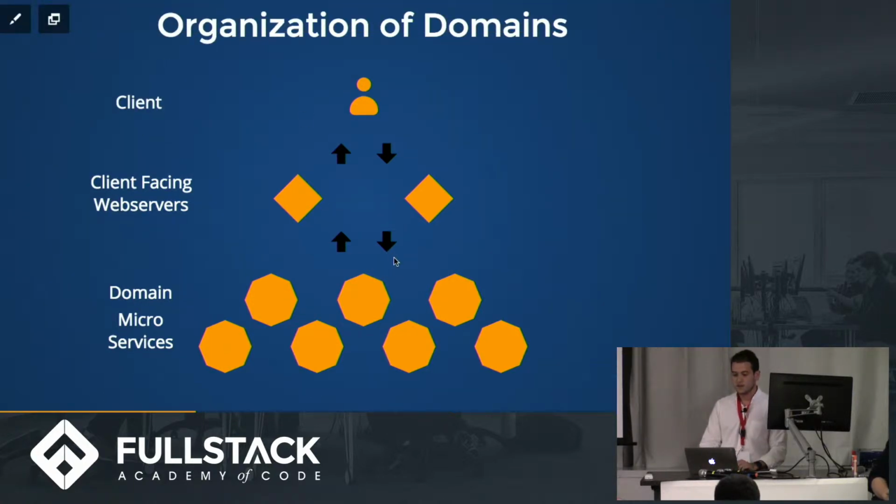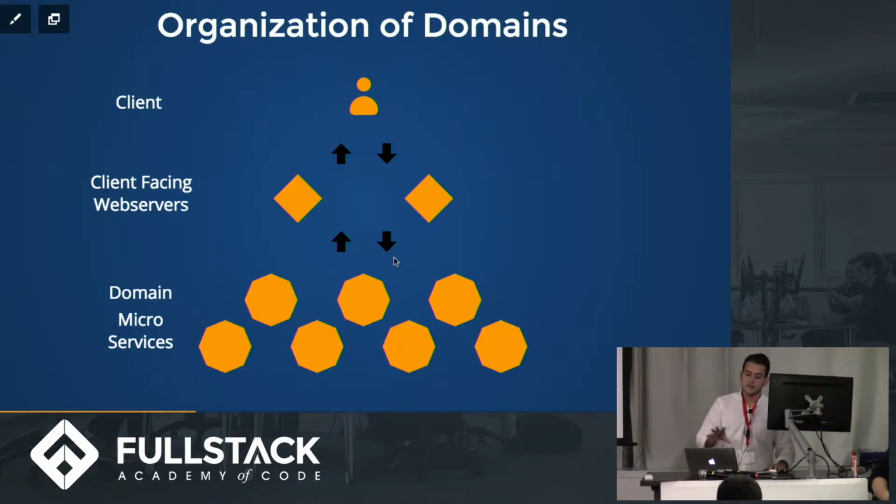Okay, there we go. Just a quick example of how I see a microservices architecture looking. You have your clients, you have public-facing client web servers that accept either HTTP or WebSocket requests. Behind those client-facing web servers, you have a set of microservices, each modeling a certain domain of the system.